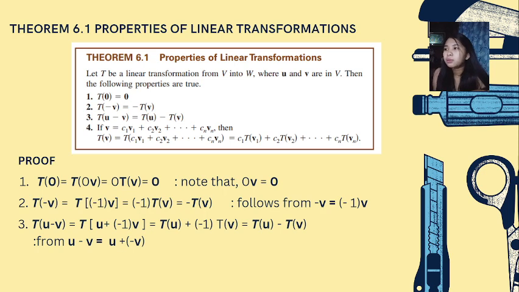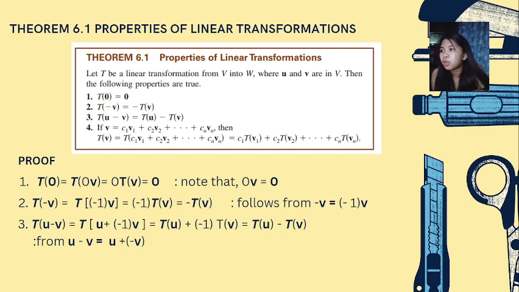Okay, so we have here Theorem 6.1, which is all about the properties of linear transformations. We have four properties, and we are going to prove each of them.